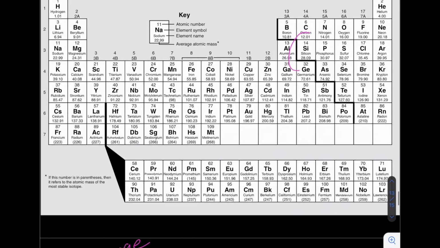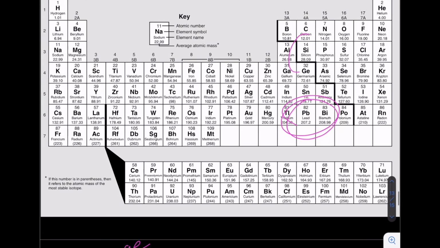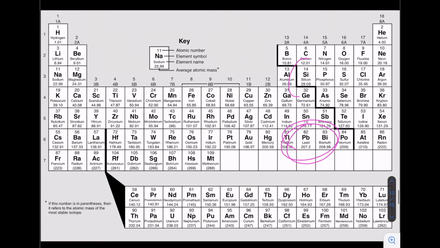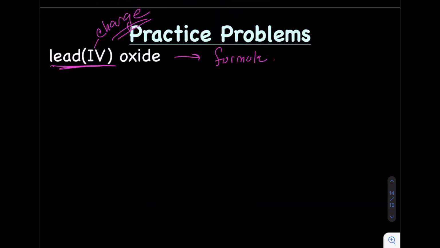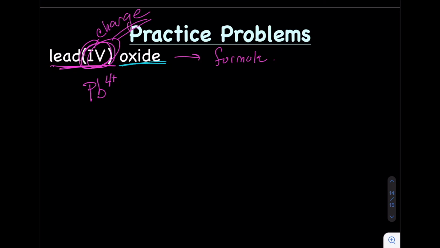Lead is right there, Pb. You will note he's a metal not in group 1A, 2A, or 3A, which is why he has that Roman numeral. So lead is Pb, and his charge is IV, which is 4 plus. Metals are always positive.